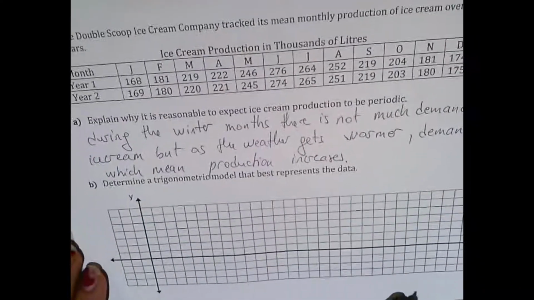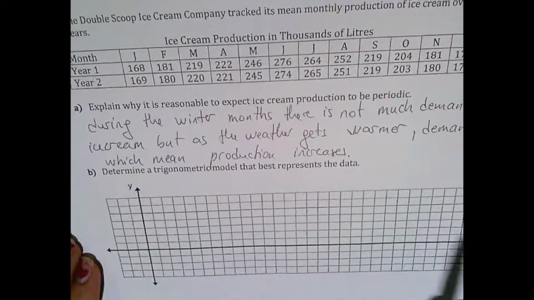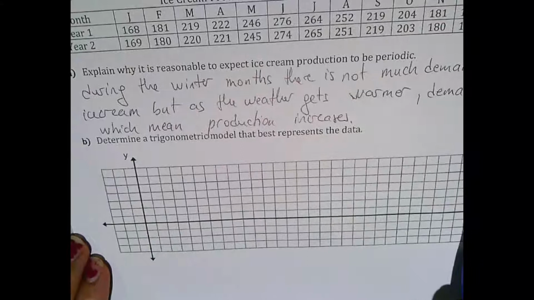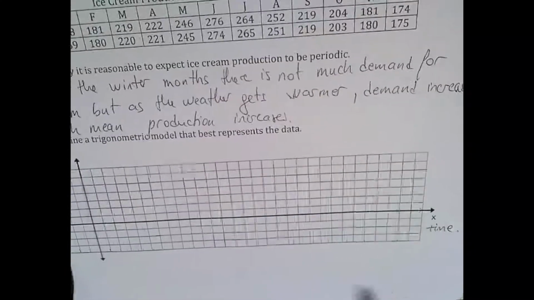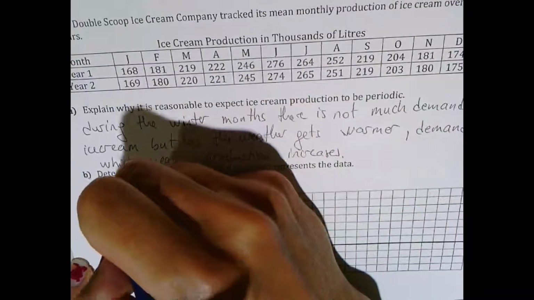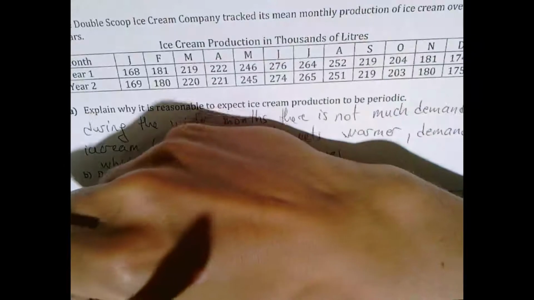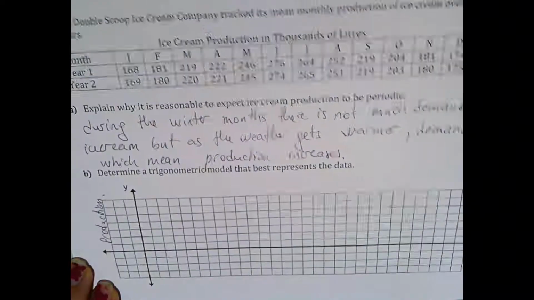Okay, so we need to determine a trigonometric model that best represents the data. On the x-axis we will have the time, the timeline, which is months, and on the y-axis we will have the production. I'm just going to write production in thousands of liters.